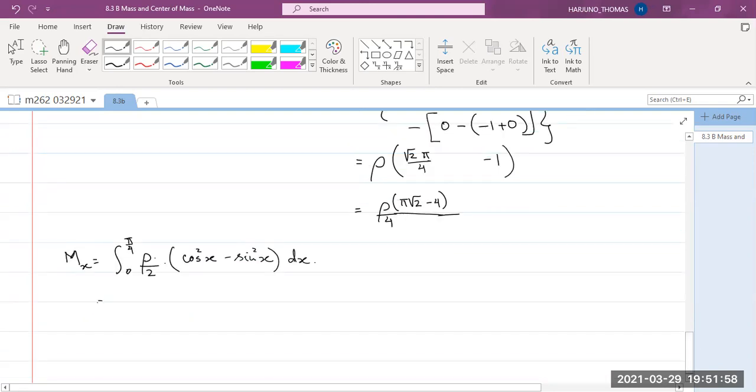I think what I will do is take rho over 2 out, and cosine squared x minus sine squared x is cosine 2x dx. It's a lot easier to compute that way. So that's rho over 2 times 1/2 sine 2x from 0 to pi over 4.